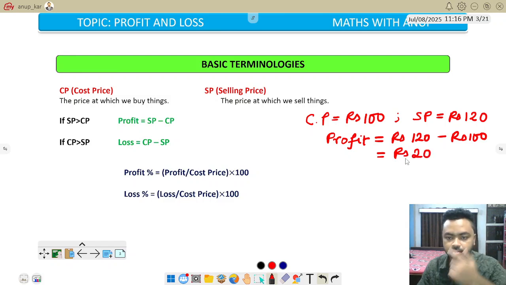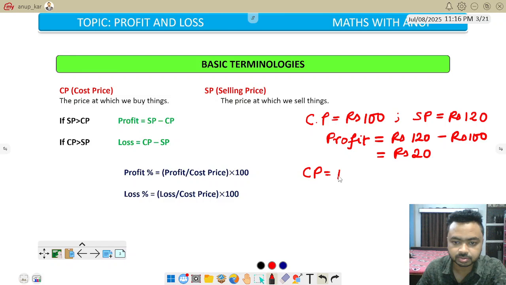So what did I do? I subtracted the cost price from the selling price. Okay, suppose another example is that the cost price of the article is rupees 100 and I am selling it at a price of rupees 80.